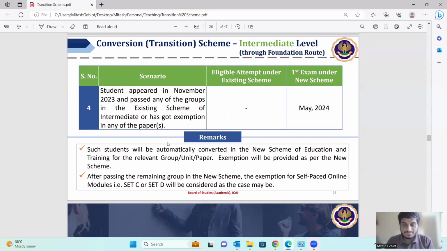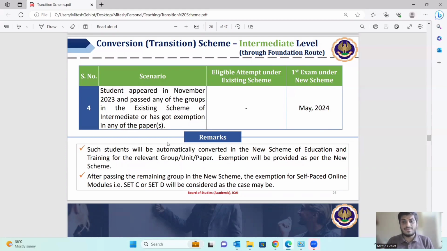In case you pass only one of the groups or get exemption in November 23, I will emphasize again that November 2023 is the last attempt under the existing scheme, and all students after the November 23 examination will be converted into the new scheme. In May 2024 you will write the remaining papers, and you will be given exemptions as per the new scheme rules.